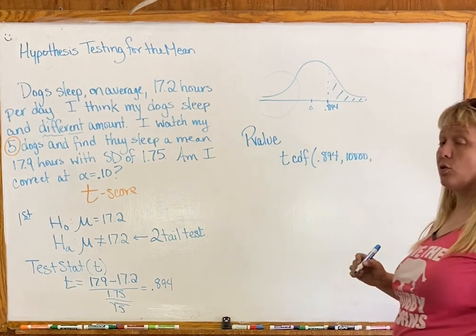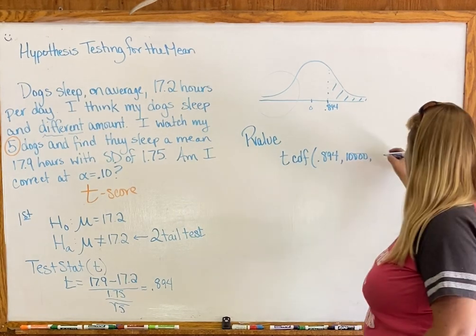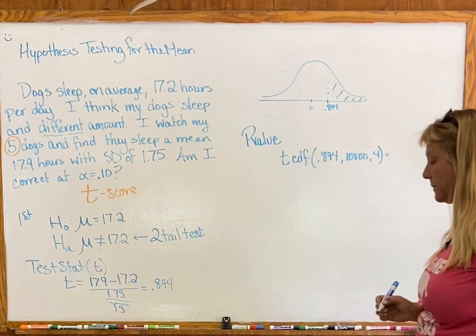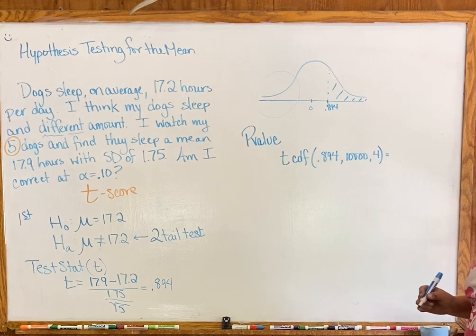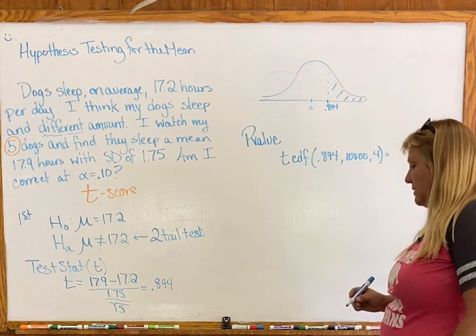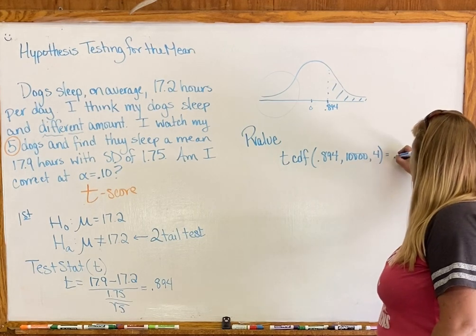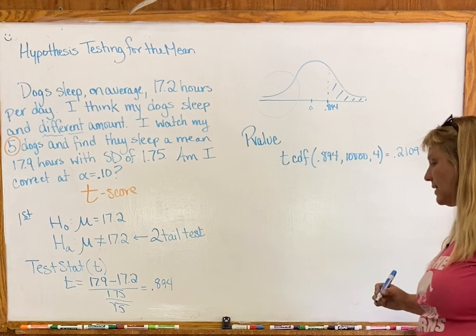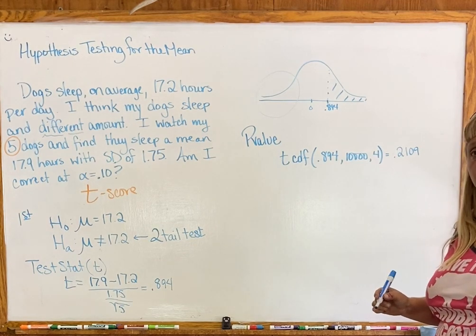And then remember, we need our degrees of freedom, which in our case is going to be 4. So go find that, stick that in the calculator, and see what pops out. I got 0.2109. Does that sound good to everybody, hopefully?